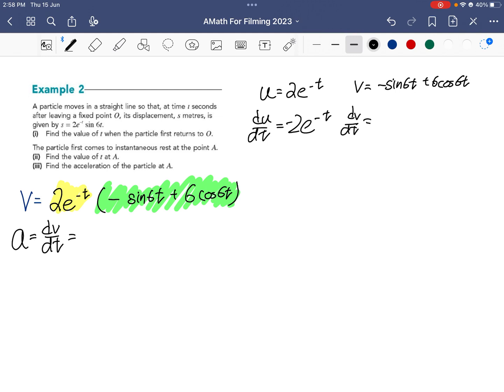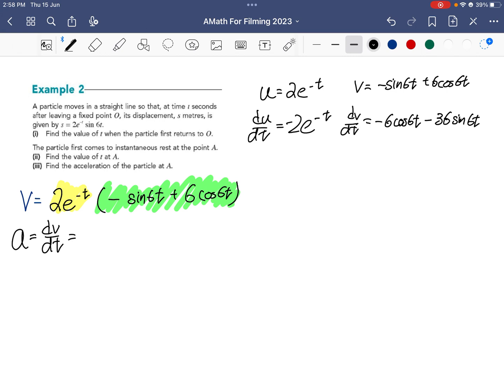Differentiating v with respect to t: sine differentiated gives you cosine, then you differentiate 6t, you get negative 6 cosine of 6t. Cosine differentiated gives you negative sine, and then you differentiate 6t, so you get negative 36 sine of 6t here.